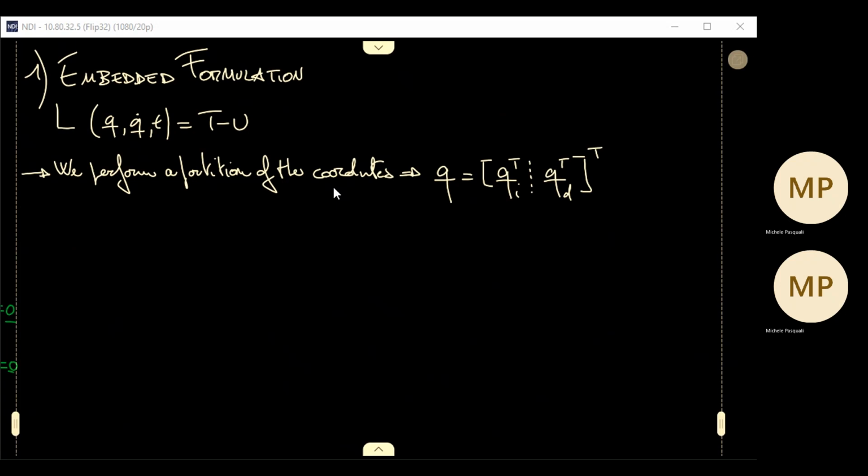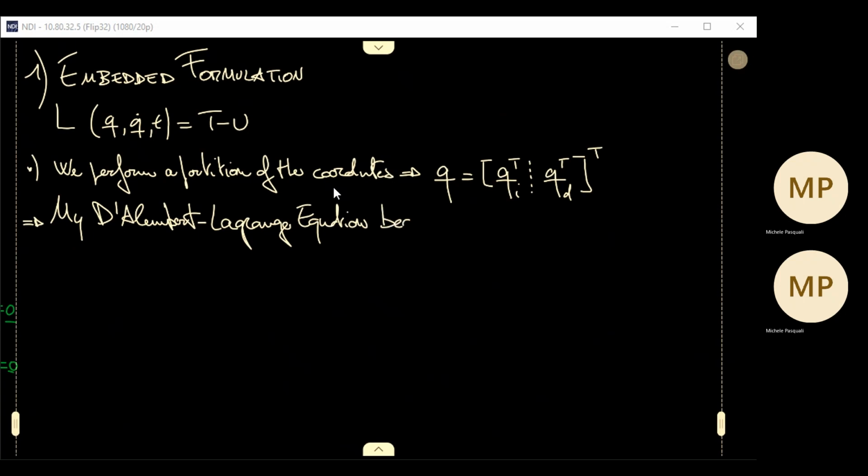So let's rewrite my D'Alembert-Lagrange equation using this partition. Okay. Well, we just have to partition it.